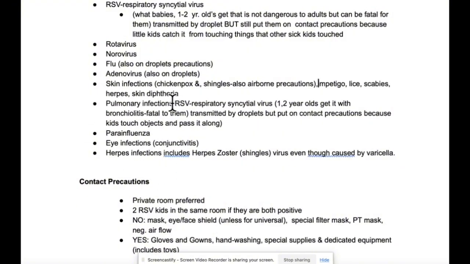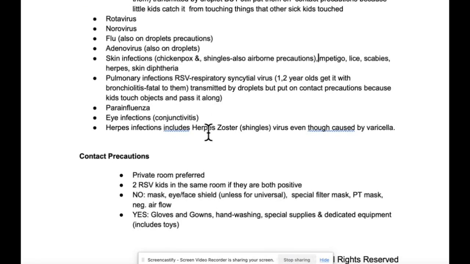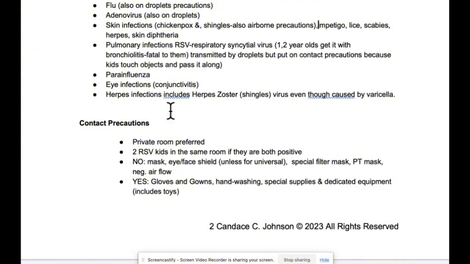All right, pulmonary infections, RSV is there, okay? As we mentioned before. Parainfluenza, eye infections, including conjunctivitis, and herpes infections, including herpes zoster, which is shingles. Herpes zoster is caused by varicella, which is the virus that causes chickenpox.